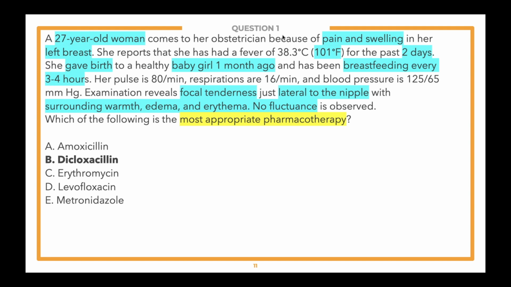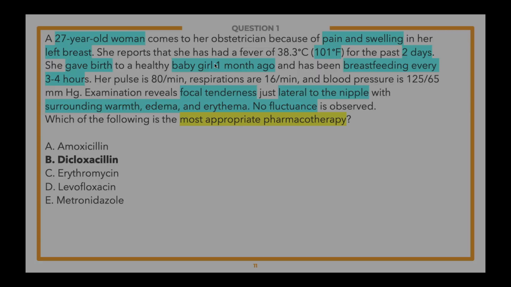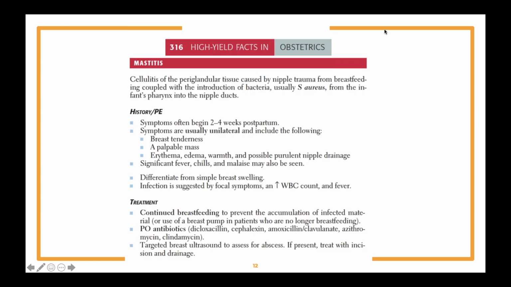So let's take a look at the next slide, where we've pulled up some screenshots from the First Aid for Step 2 CK book, the chapter in obstetrics talking about mastitis, okay? It is essentially a cellulitis of the breast tissue that usually occurs within the first couple months postpartum. Usually it's from trauma to the nipple, okay?